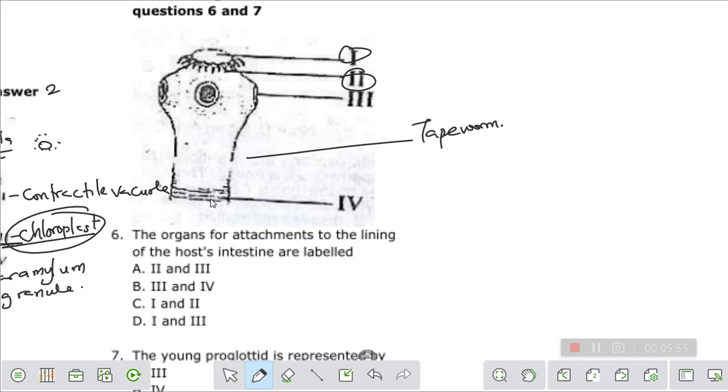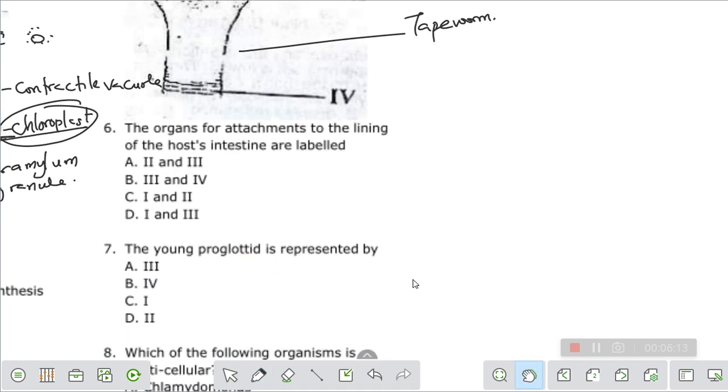The next one, the organ, the young proboscis is represented by, so it's actually 4. It's represented by 4. So this one is actually the young proboscis. It's just like the tail, like the tail of the tapeworm, right?